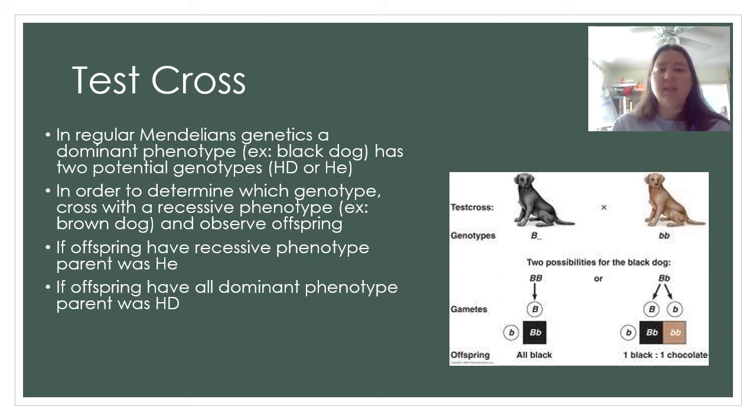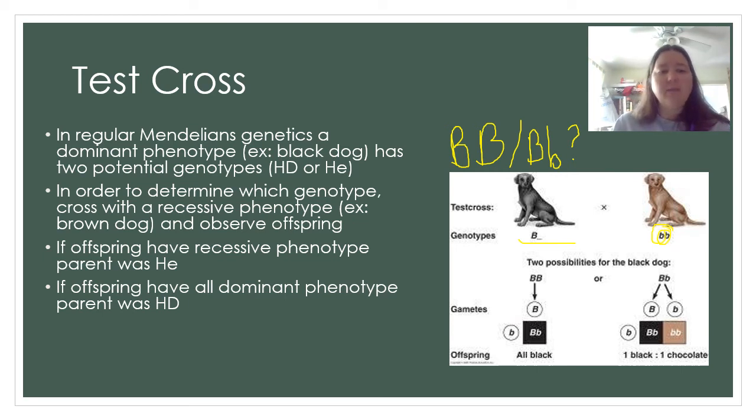So in regular Mendelian genetics, a dominant phenotype, in this case a black dog, has two potential genotypes. That dog could be homozygous dominant, so capital B, or heterozygous. How do we know? What we do is cross it with a homozygous recessive individual, somebody who has the recessive phenotype, and we observe the offspring.